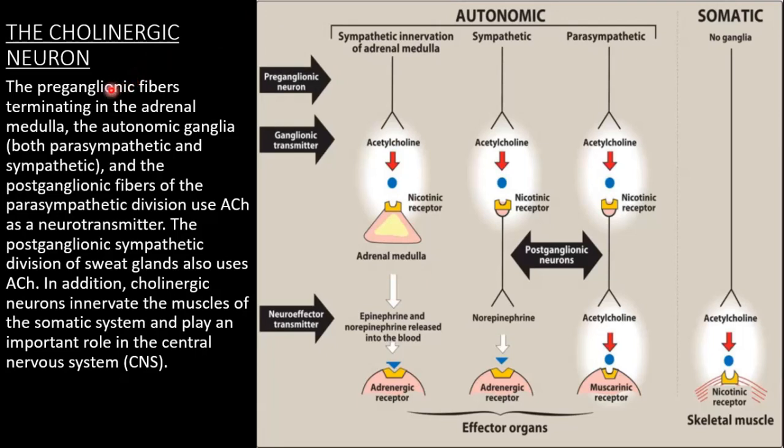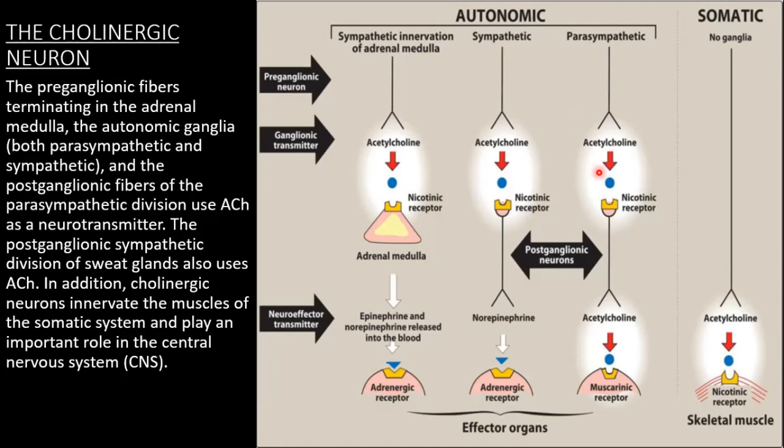Now let's start with cholinergic neurons. Cholinergic neurons include the preganglionic fibers to the adrenal medulla, which use acetylcholine. Then also preganglionic fibers to both sympathetic and parasympathetic ganglia, and also the somatic nerves use acetylcholine at the neuromuscular junction.